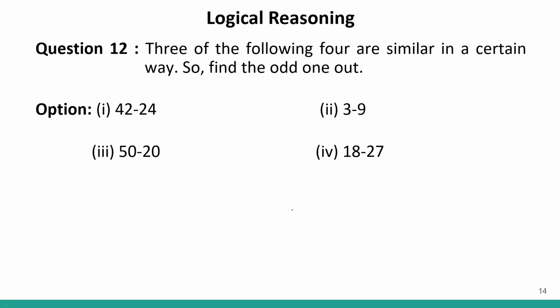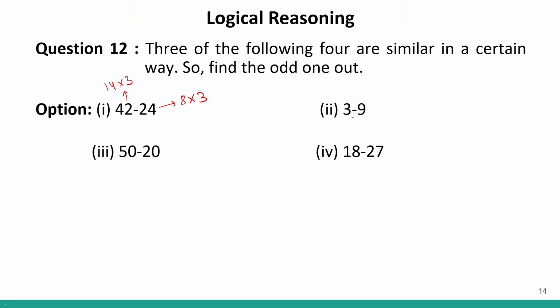Now, question number 12. 3 of the following are similar and we have to find the fourth one which does not follow the same logic. So, when I look at these, I can say that 42 and 24. 24 can be written as 8 into 3, correct? And 42 can be written as 14 into 3.